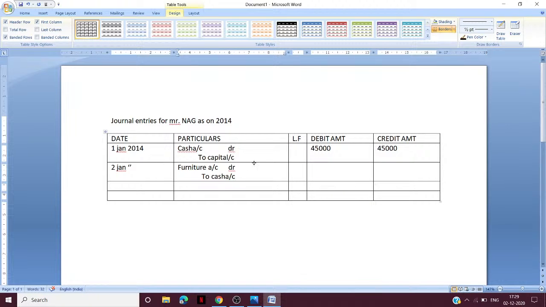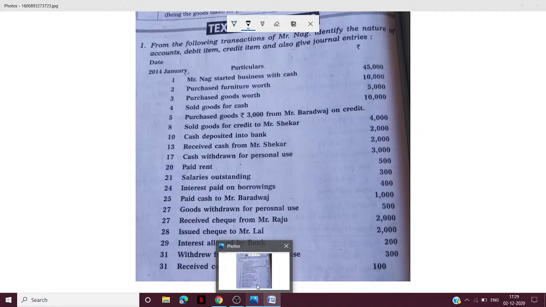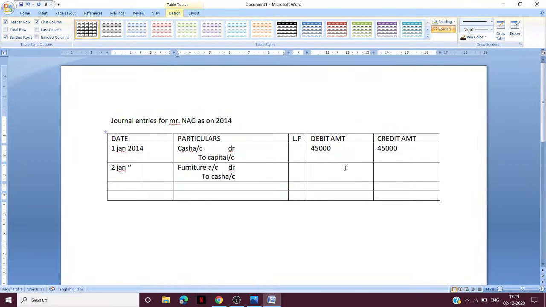Always remember students, purchases always comes under debit. If they only give purchased goods, we should write purchases. If they specifically give we have purchased furniture, we have purchased machinery, then you should write the name. And the amount will be same in both the columns. What is the amount? 10,000. So write on both the sides.